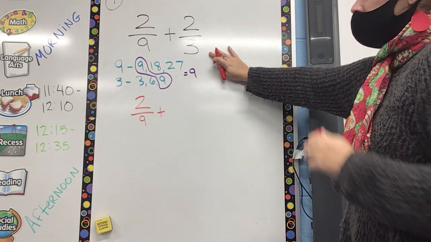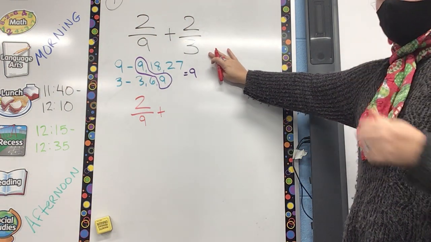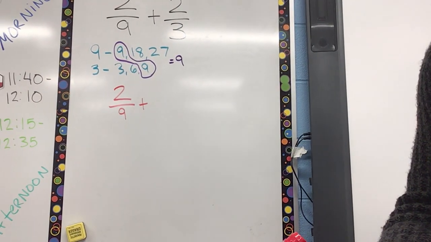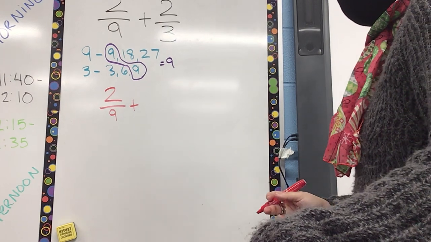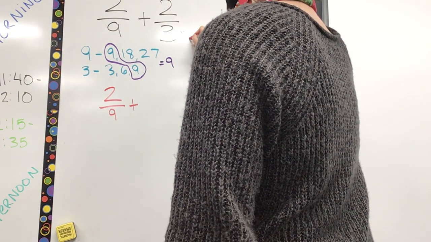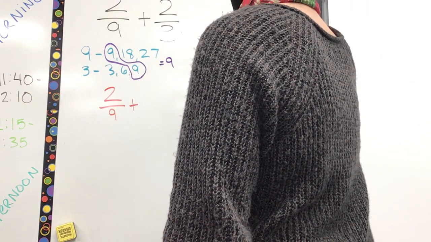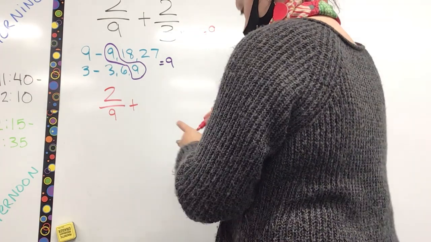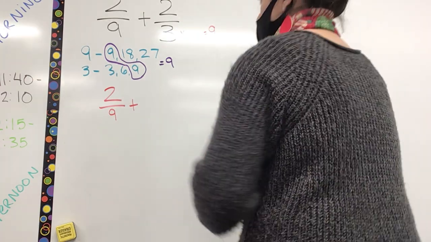However, is this one a 9? No, so this one I do need to change. Okay? We're going to use some multiplication here. So 3 times what number would give me 9? 3. Very nice. I'm going to use a different color. I want to be able to show you guys.